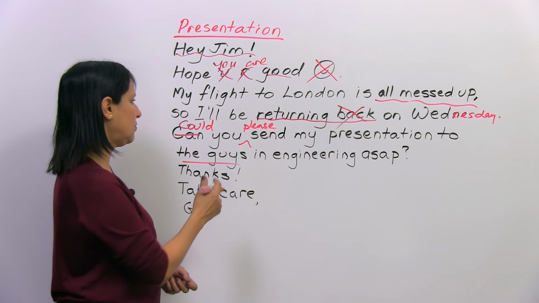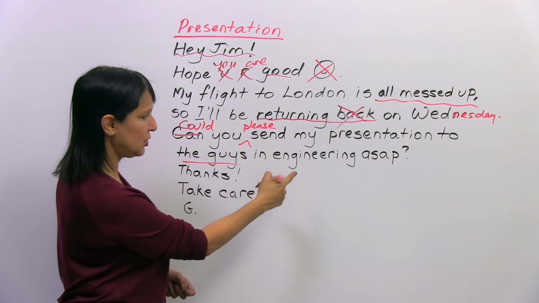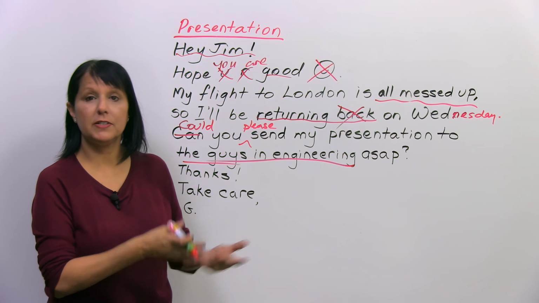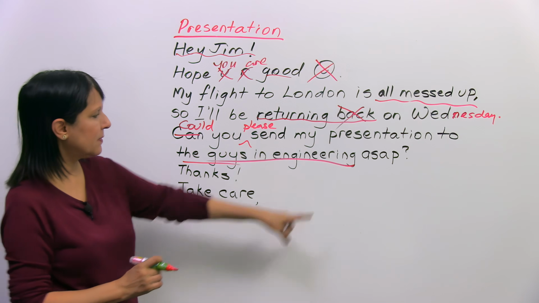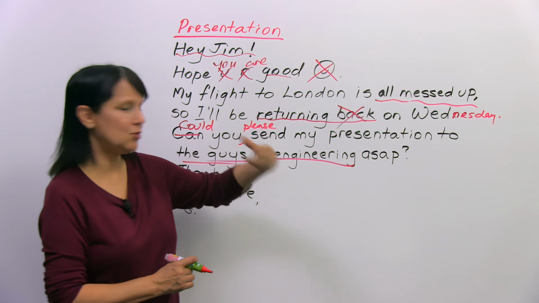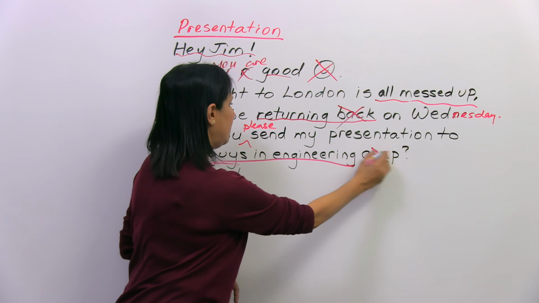So we could say to the, let's say, "to the engineering department," "to the engineering team," or whatever the situation is. And instead of saying "ASAP," you should write out the words "as soon as possible." Okay? So that's also an error there.